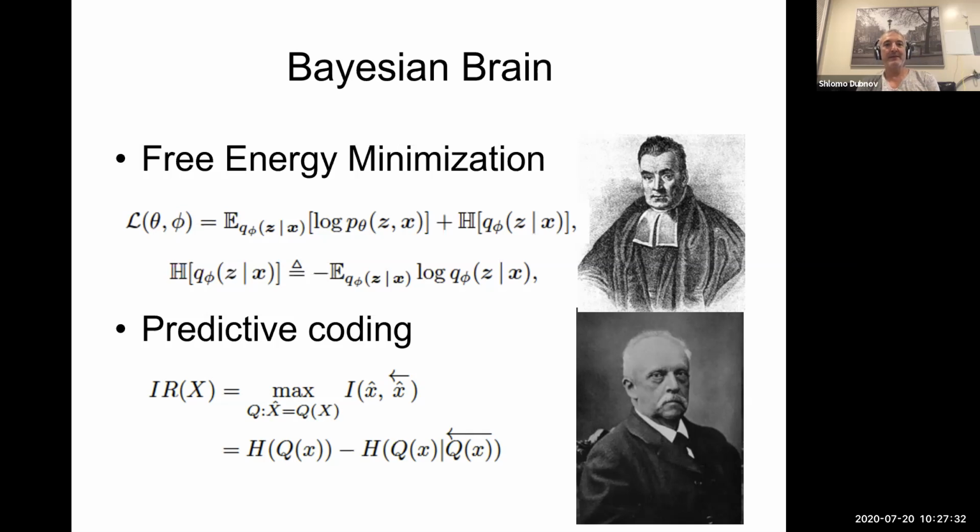So the concept of the Bayesian brain, which was using some ideas of Helmholtz and Bayes, where we want to use some of the concepts we learned also as a possible intuition into how our brain works. So one idea of this free energy minimization, this is exactly the ELBO expression that we have seen, which is written slightly in a different way.